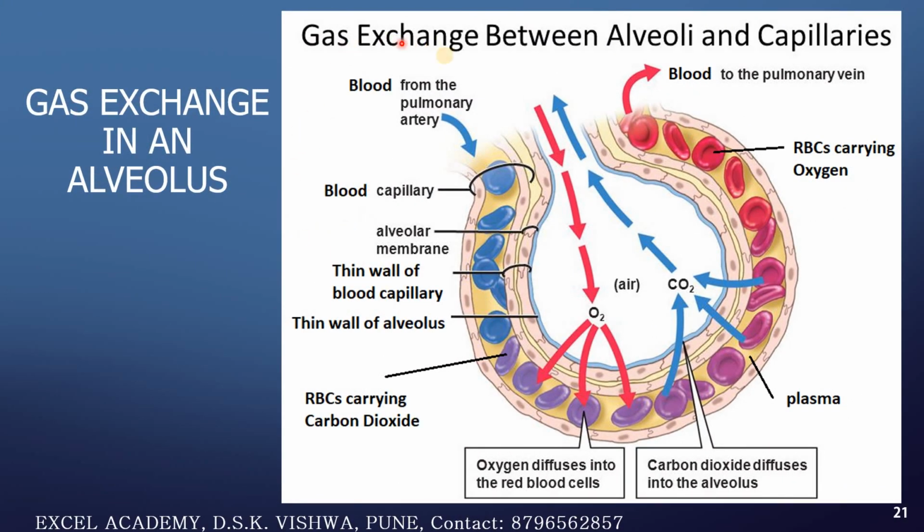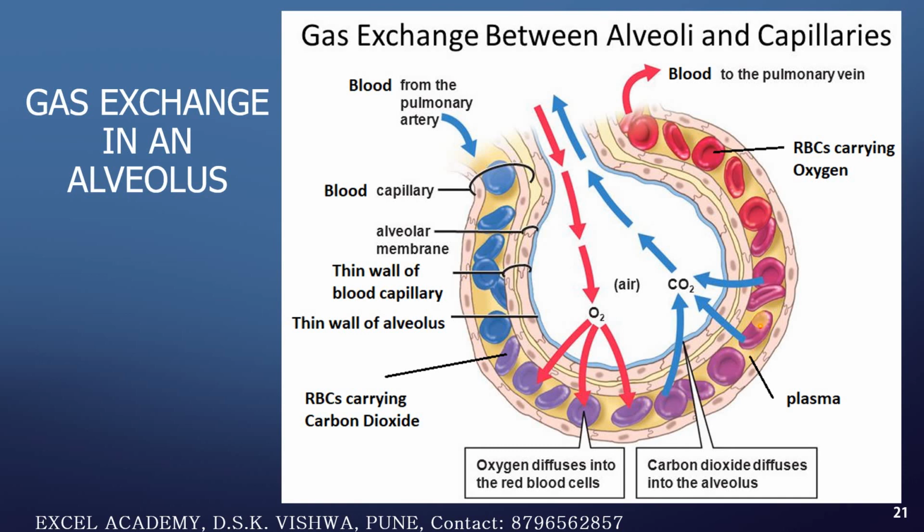So let us study the gas exchange between alveoli and capillaries. The blood comes from the pulmonary artery, that is, from the heart to the lungs. As we can see here, this capillary. Now, as we breathe in, the air comes in, from which the oxygen is diffused from the alveolar membrane into the RBCs of the blood in the blood capillaries.